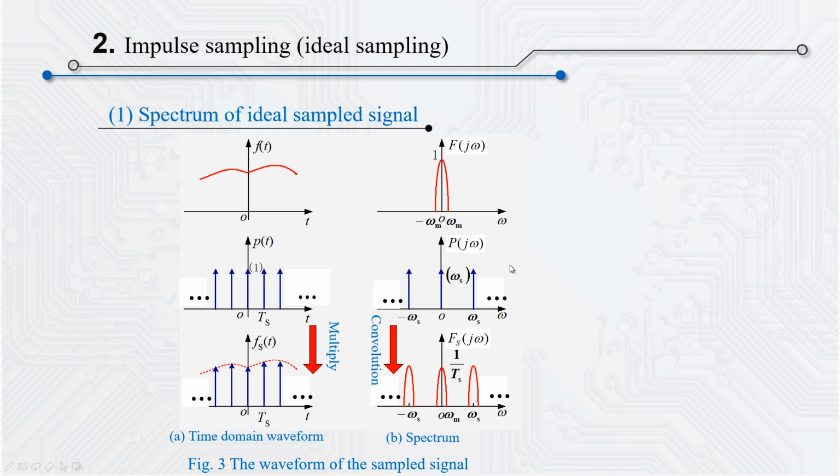This is the spectrum of the impulse sequence. After convolution, the obtained Fs(jω) is the spectrum of the sampled signal. Obviously, here we can find that the spectrum of the sampled signal is obtained after corresponding period extension of the spectrum of the input signal. Its period is ωs, and the amplitude of F(jω) is 1 over Ts.